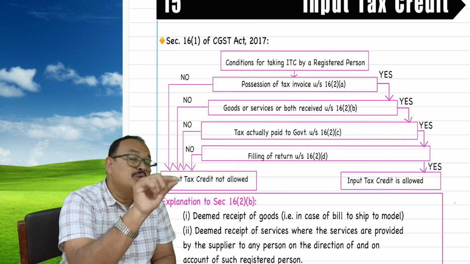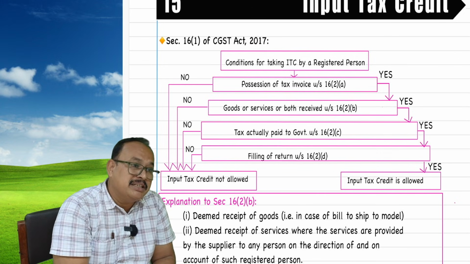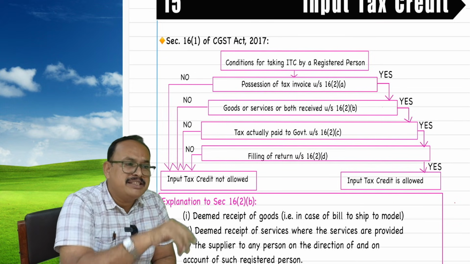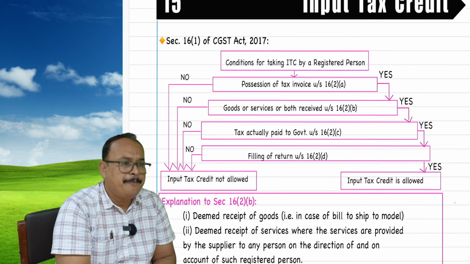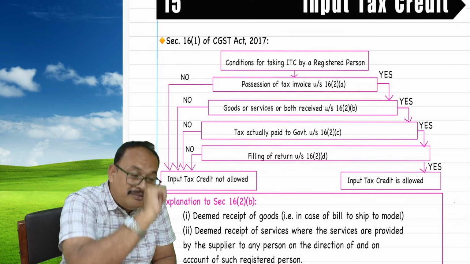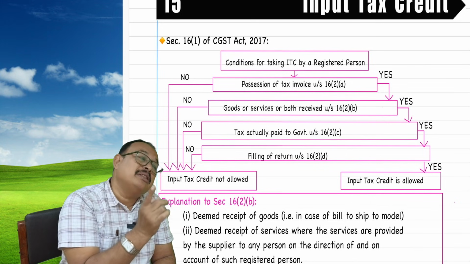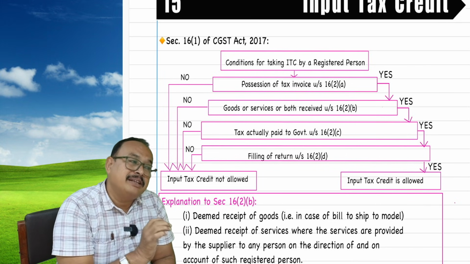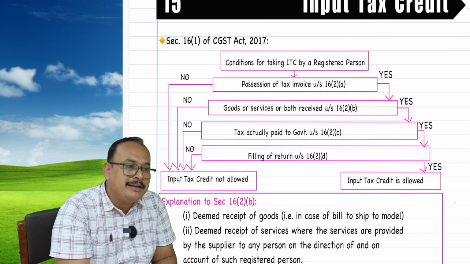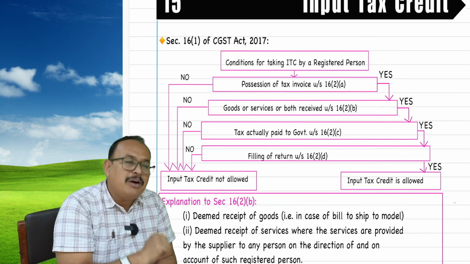Now, you handed over my goods to my transporter at your factory on 1st of January 2025, invoice date 1st January 2025. That date is deemed to be received by me. So, I can avail ITC when? In the month of January or in the month of February? In the month of January itself I can avail the ITC, is the meaning of it. Deemed receipt of the goods. Got the clarity?